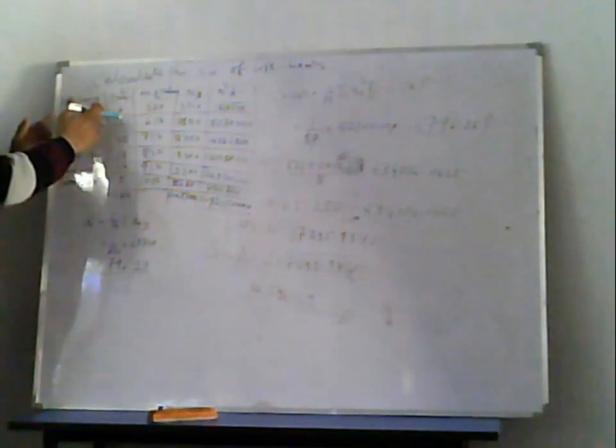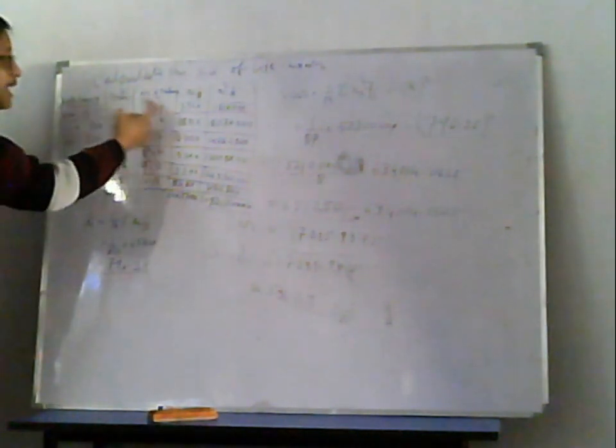If there is limit data, that is, with lower limit and upper limit, then first of all we calculate the mid values. After calculating the mid values, this is xi and the frequency is fi. So first multiply xi into fi.